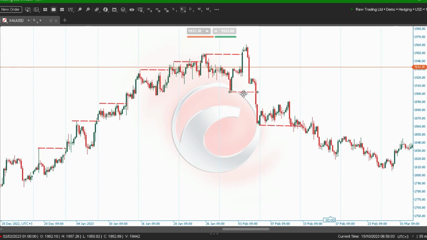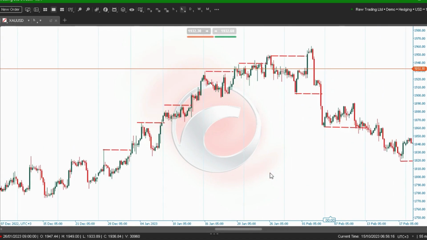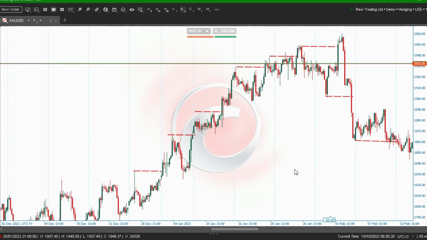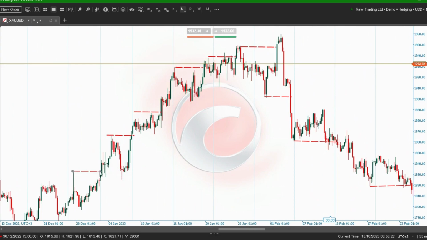And here we have a break of structure. Okay, now this is what we mean by market structure. If you open any chart, you must have a clear understanding of market structure.